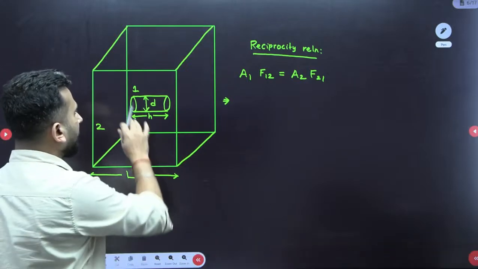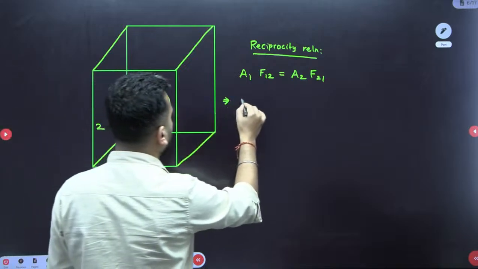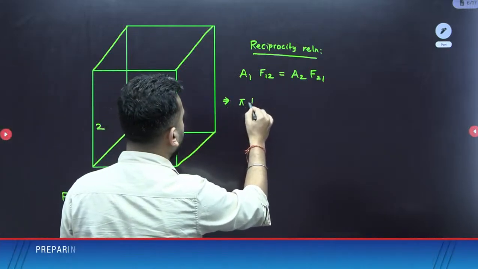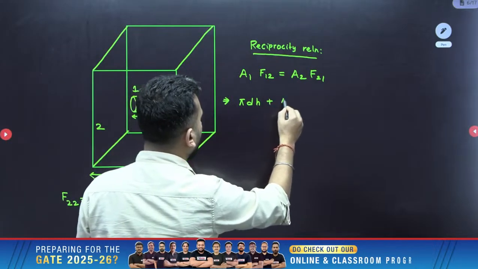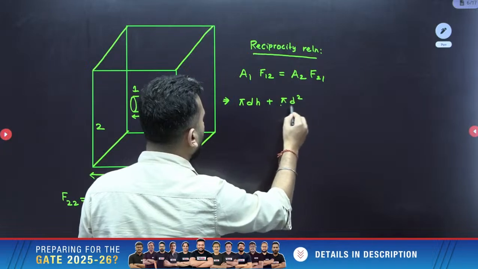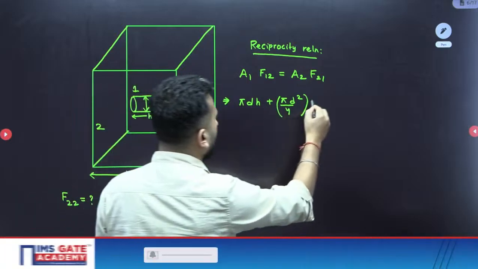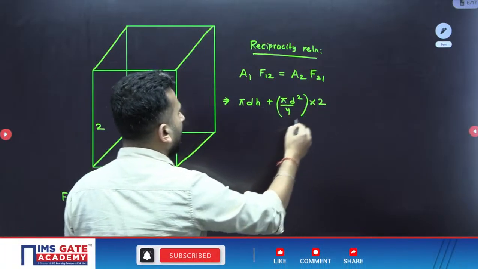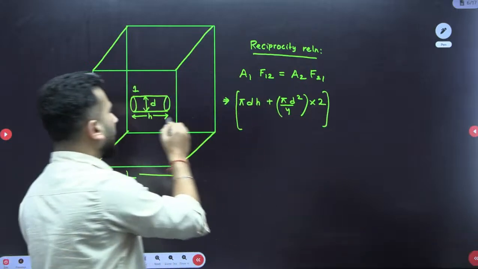So what is the surface area of the cylinder? Surface area of the cylinder will be pi dh, that is the curved surface, plus pi d square by 4, that is the cross sectional area, into twice. This is A1. Now what will be the view factor from 1 to 2?